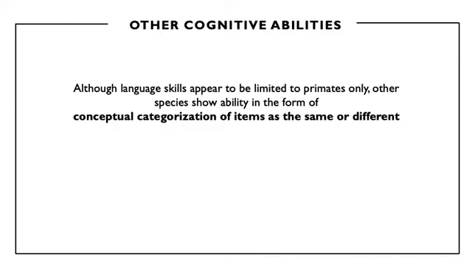If you were to say parrot, what they do is imitate our voice only. It's not that they understand what it is. It's rather an imitation. If we say hello to a parrot, they will say hello, but that's not a meaningful conversation. They're just imitating you. But primates actually communicate with you, telling you what they want, so that is limited to primates only. Parrots have this cognitive ability of categorizing items as same and different.